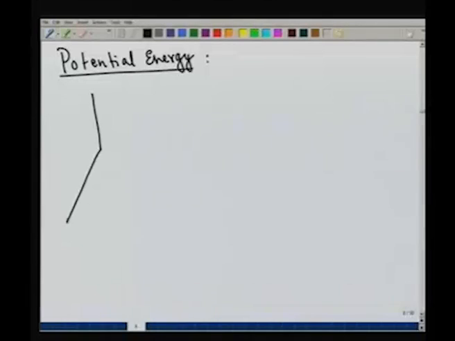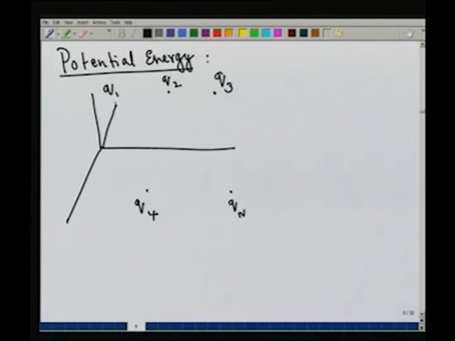Let me take a coordinate system and let me locate points R1, R2, R3, R4, Rn. So there is a charge Q1 here, Q2 at R2, Q3 at R3, Q4 at R4, Qn at Rn. So this is R1, this is R3, and this is Rn.